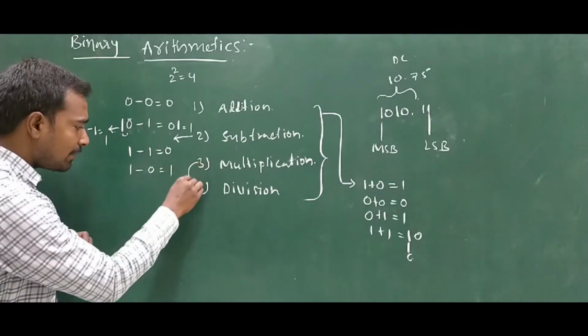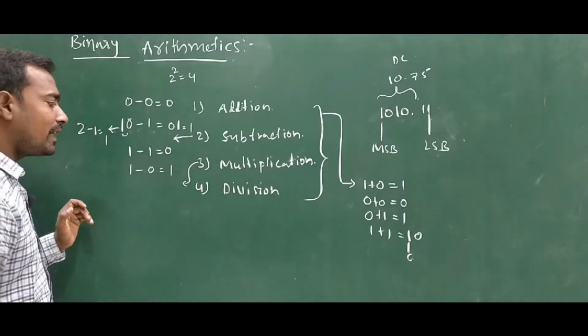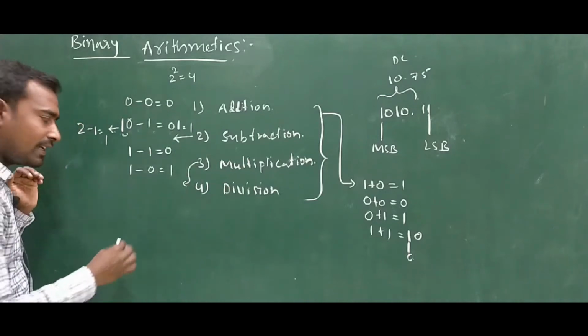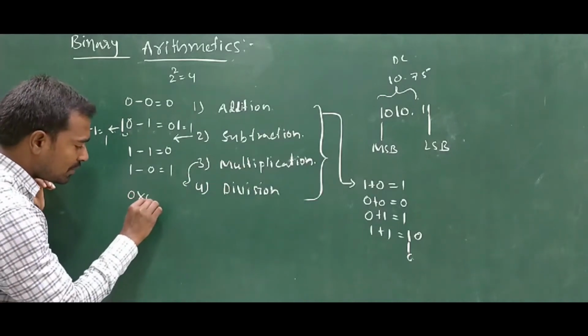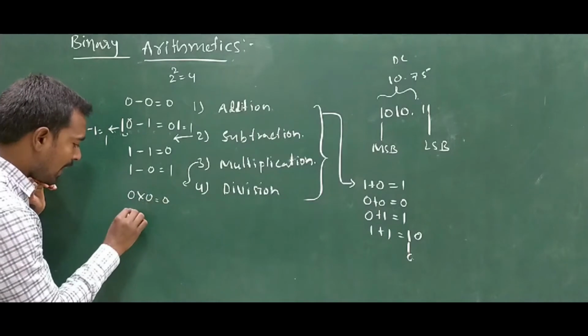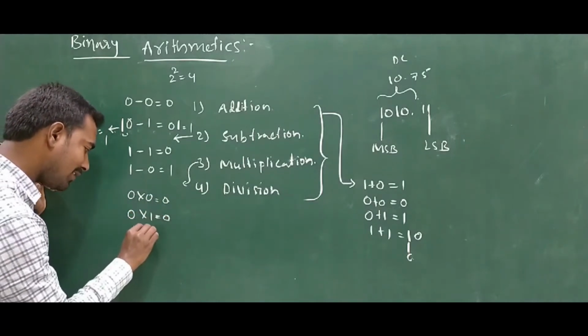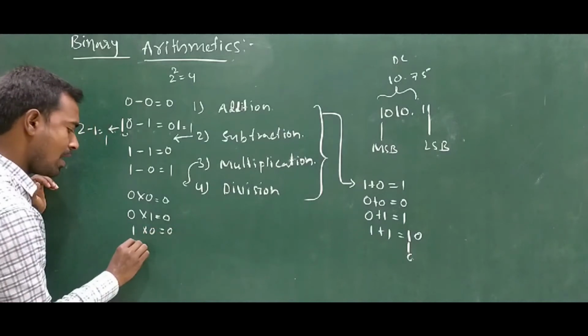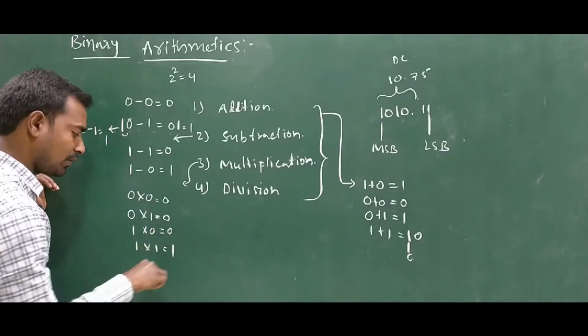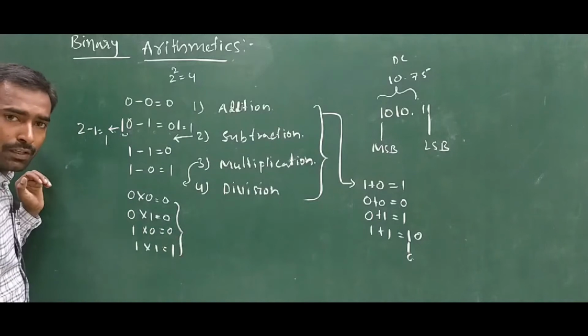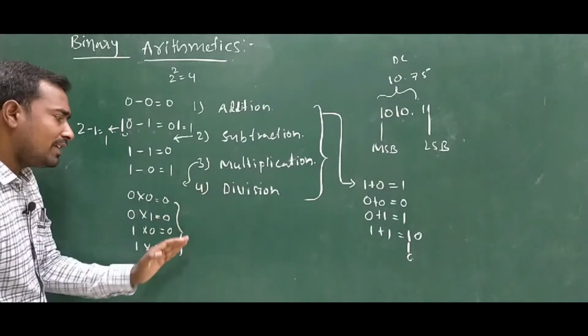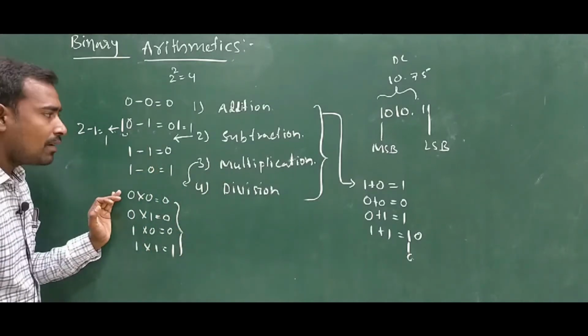Next coming to the multiplication: 0 cross 0 is equal to 0, 0 cross 1 is equal to 0, 1 cross 0 is equal to 0, and 1 cross 1 is equal to 1. This is the multiplication of the binary operations.